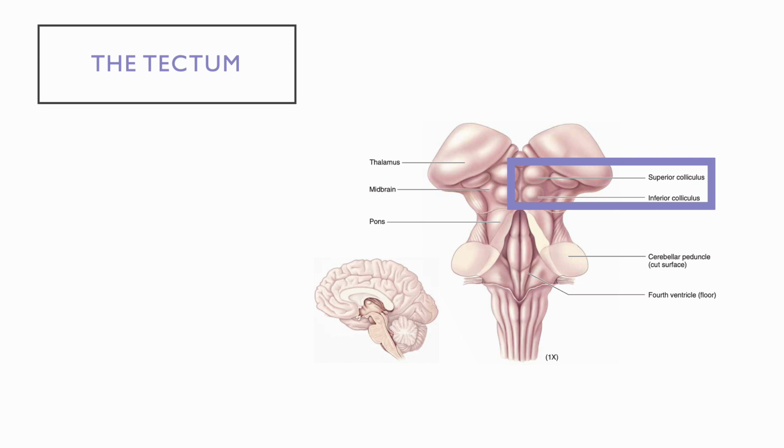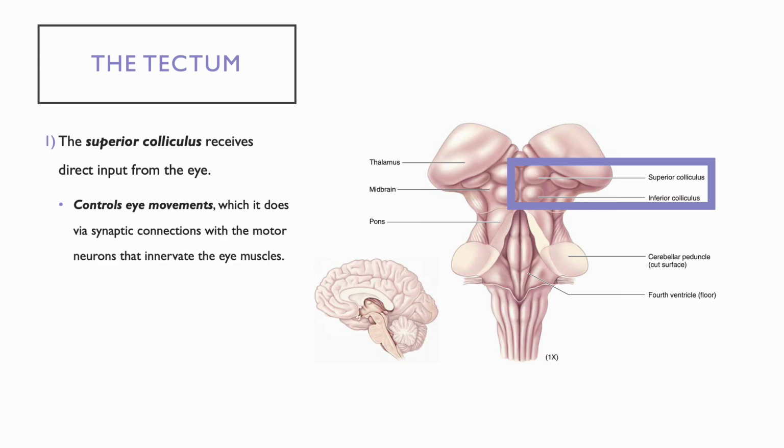Both the superior and inferior colliculus are hidden by the cerebellum. Thus, the cerebellum was removed from this image so that we could see these important midbrain structures. The superior colliculus receives direct input from the eye and thus plays an important role in visual processes. It helps to control eye movement, which it does via synaptic connections with the motor neurons that innervate the eye muscles.